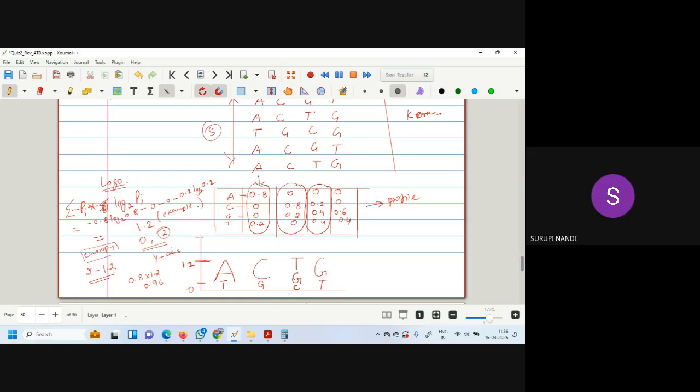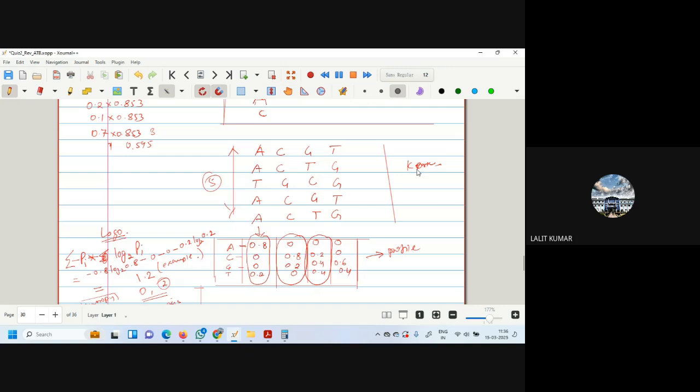Understood. Sir, can you mention how you build the entropy formula, that equation? This is given again. The entropy formula is minus Pi into log 2 of Pi. And how are we substituting the value? Which values are we taking? We are substituting these values. So this is one logo.